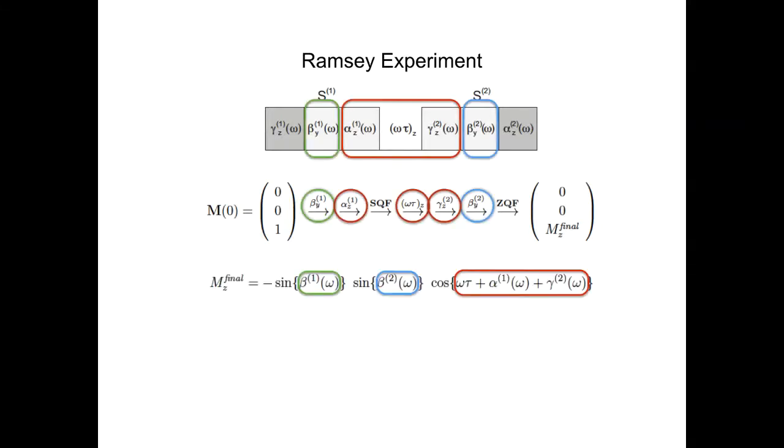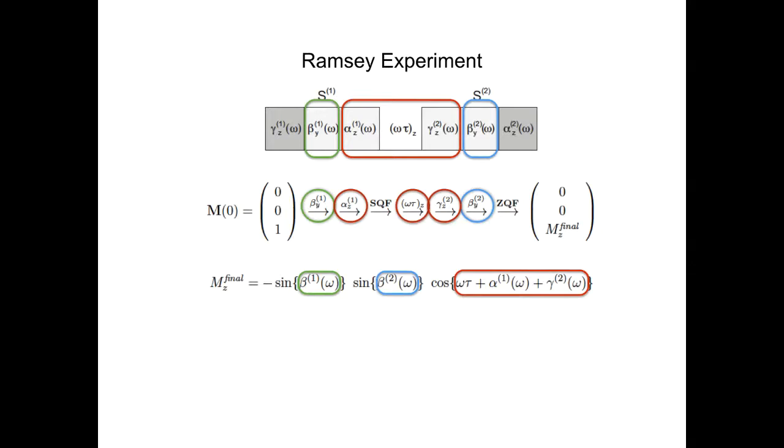Okay, then one can proceed, and here I don't want to go too much into detail, but just give you a flavor of the analysis. Here we have 3 Z rotations, and of course they all commute and can be combined. Also, the single quantum filter commutes with the Z rotation, so you can put that in front.